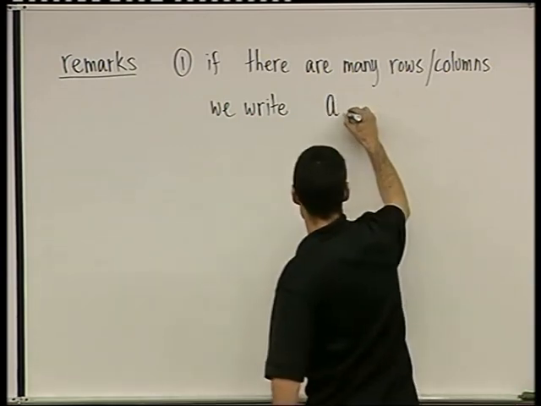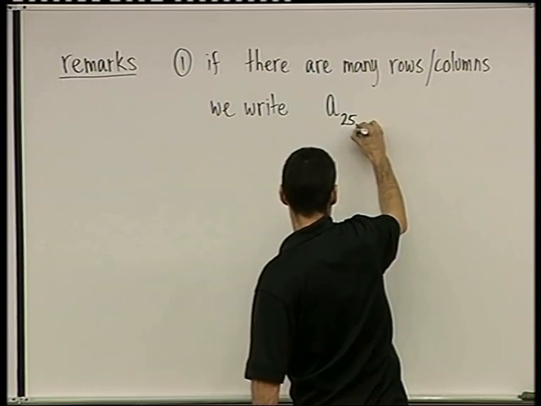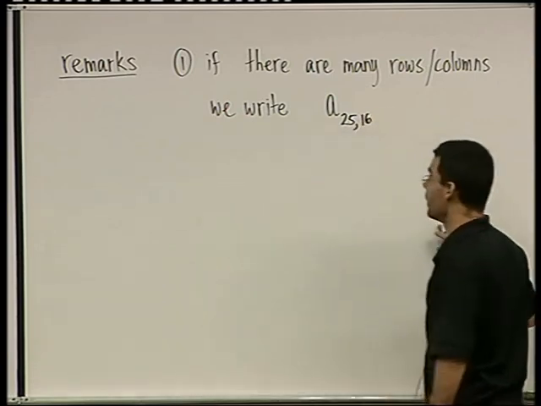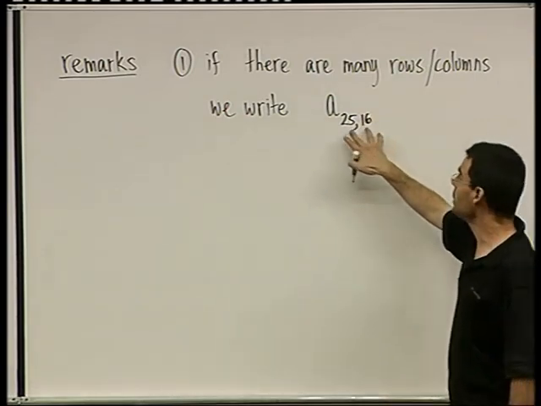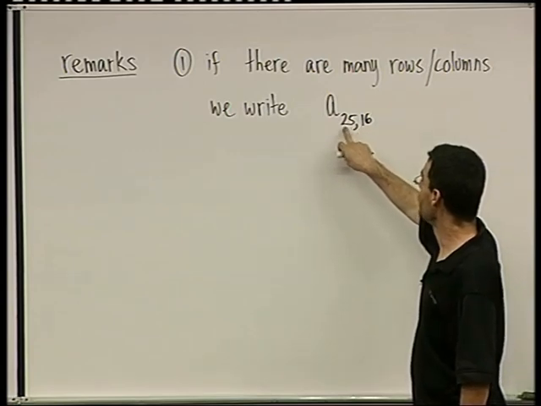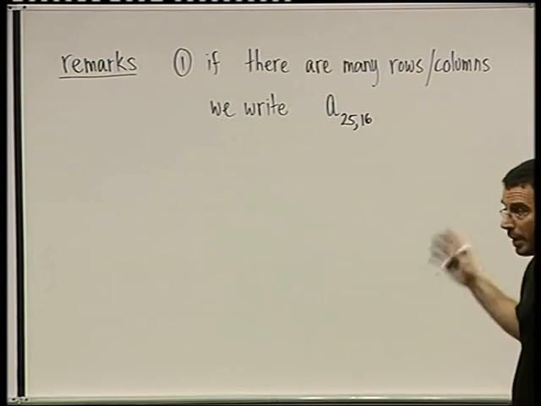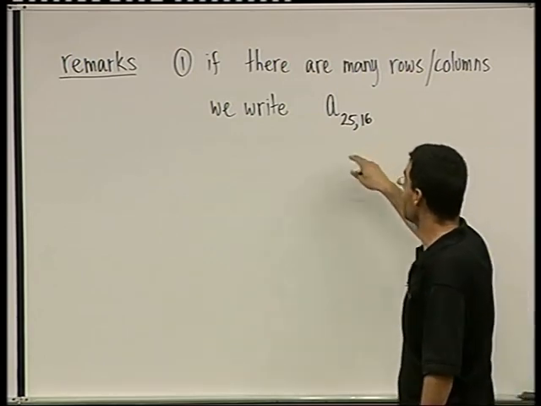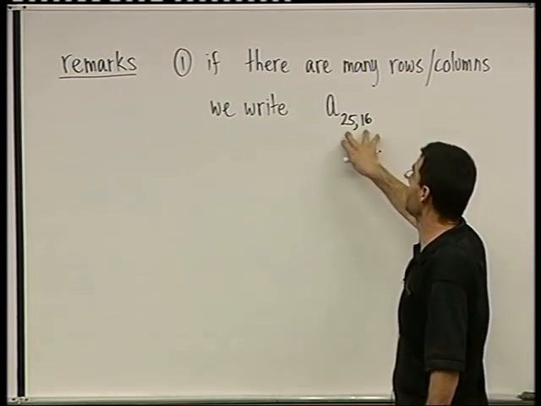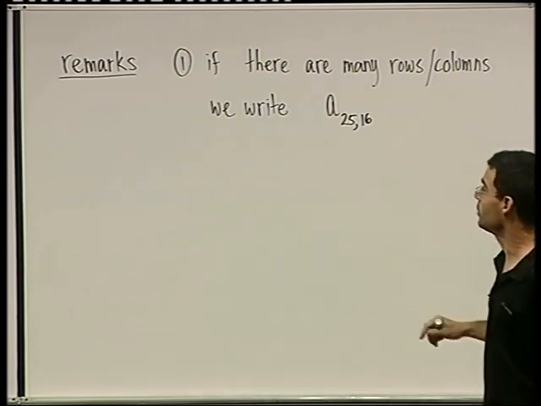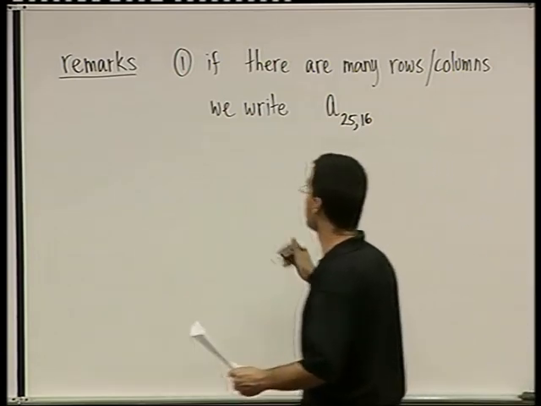So we would write, for example, A25,16. Because if we only use it without the comma when both the number of rows and the number of columns are between 1 and 9, then we can just write Aij. But if the numbers are bigger, we need to separate in order to be precise. Okay, so that's one comment.